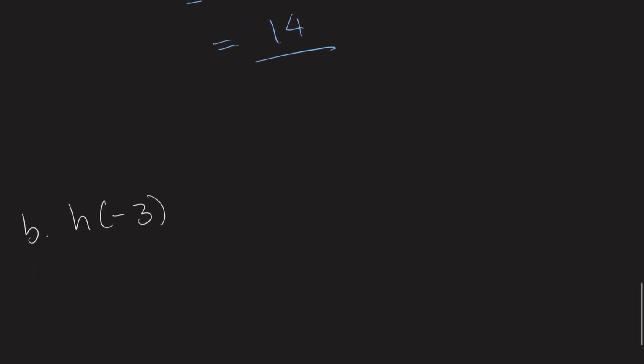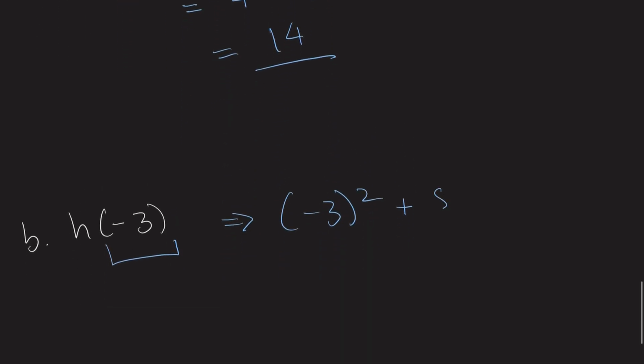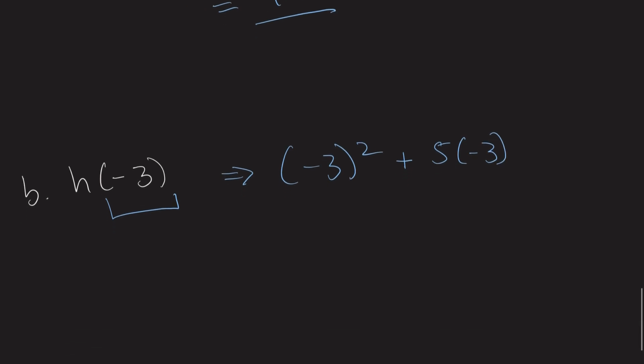Now moving on, we got h brackets minus 3. So wherever I see x, I have to put minus 3. So that will equal brackets minus 3 squared plus 5 brackets minus 3. And the important thing to remember with this one is a negative number squared equals a positive number, because two negatives always equal a positive.